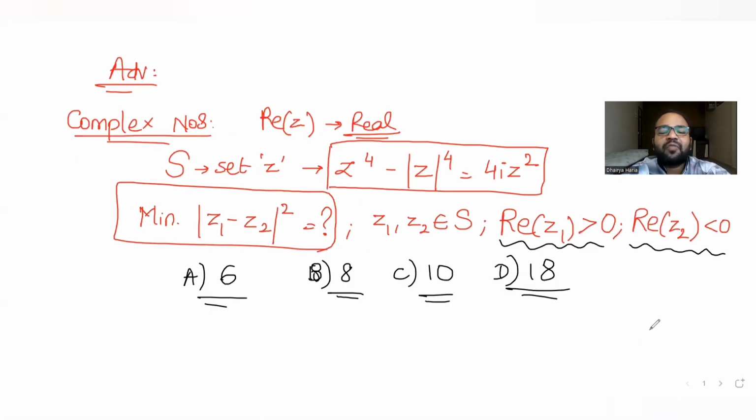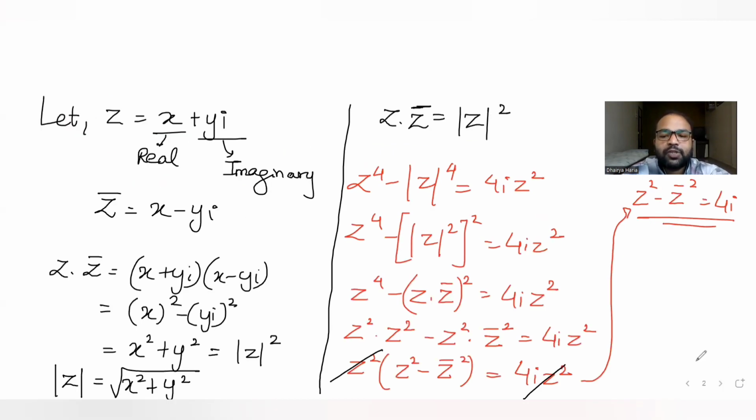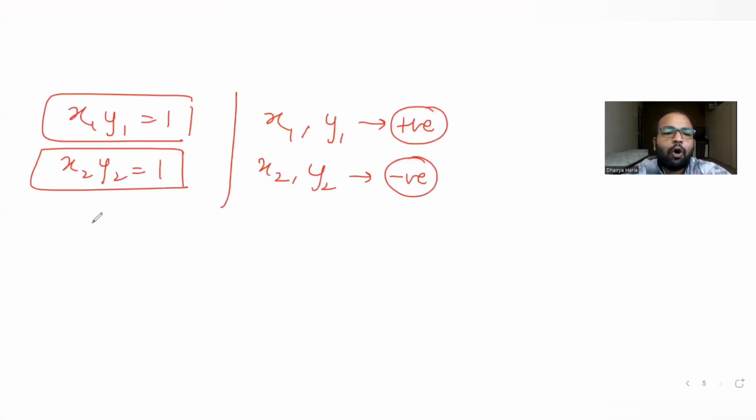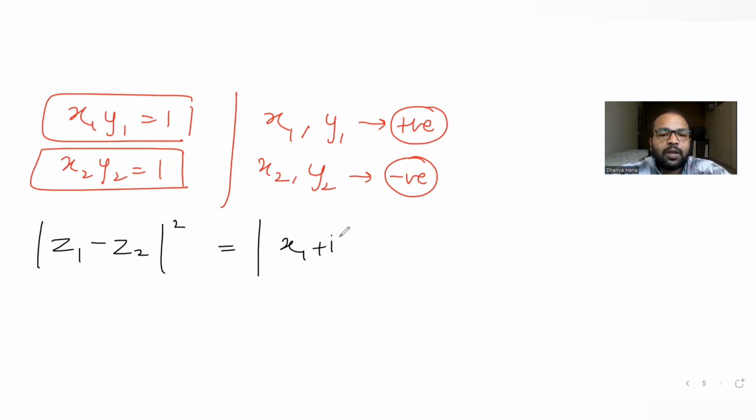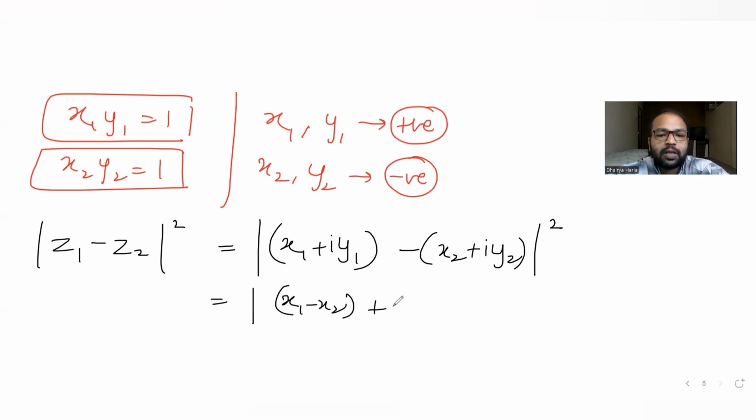Now let's try to solve our question given to us. It is asking us to find the minimum value for this entire expression, mod z1 minus z2 in the whole square. So if I write this expression first, mod of z1 minus z2 the whole square. So mod of x1 plus i y1 minus x2 plus i y2. So here I get this as mod of x1 minus x2 plus i times y1 minus y2, in the mod square.